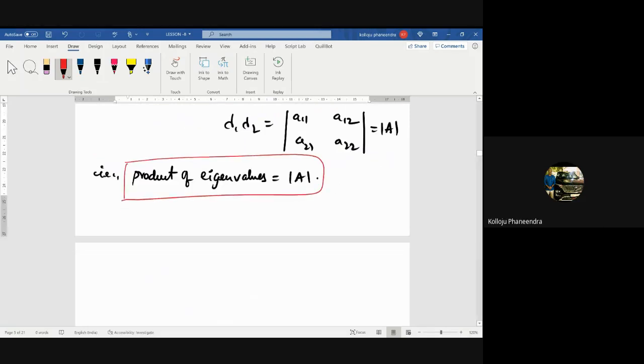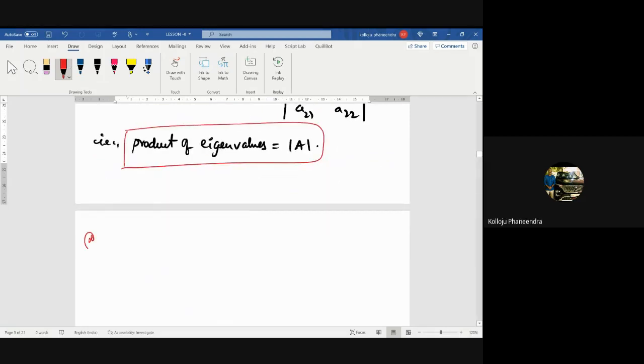Next, based on this, I'm giving previous GATE questions.